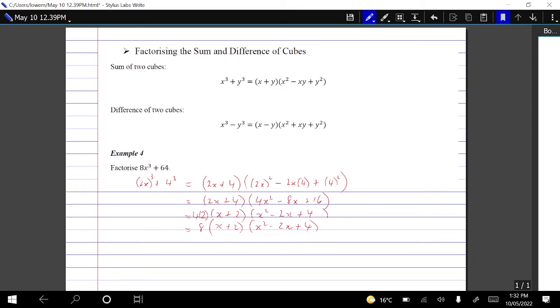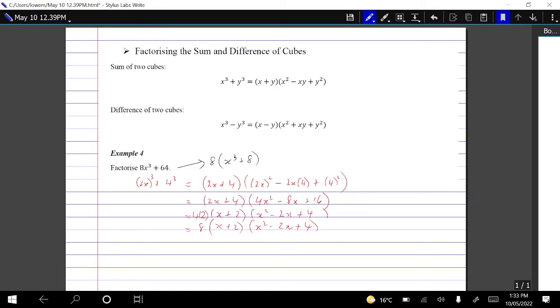Looking at that, if we have a closer look at the very start, that is the first rule of factorising: to look for a common factor. So we could actually take out the 8 from both the 8x cubed and the 64, which is 8 times x cubed plus 8.